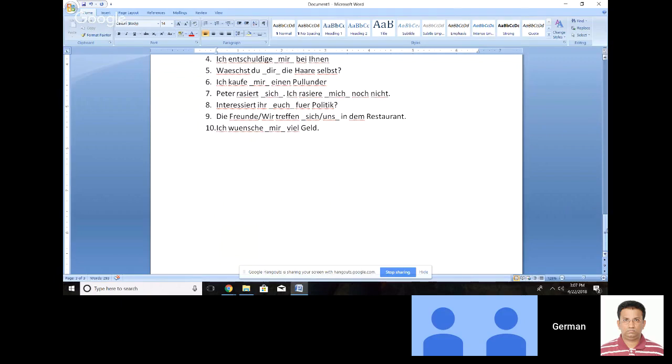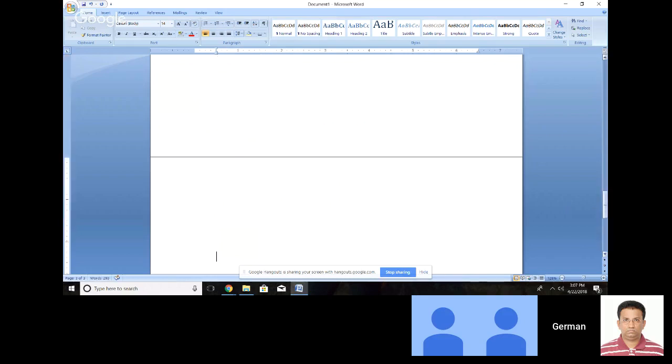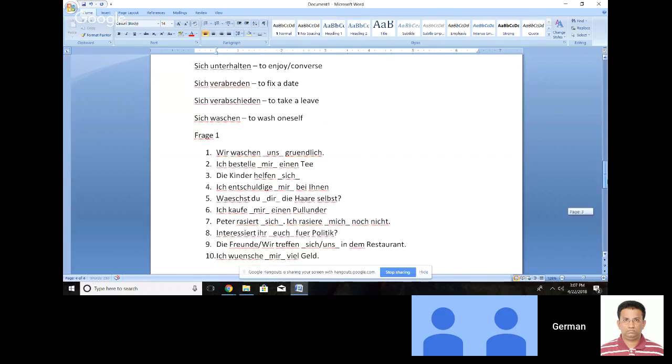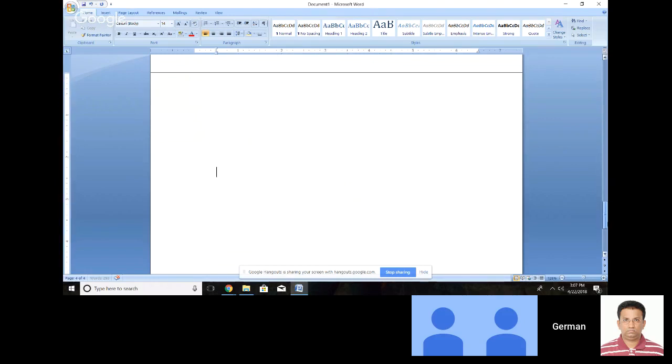We call these verbs with fixed prepositions, Verben mit Präposition.